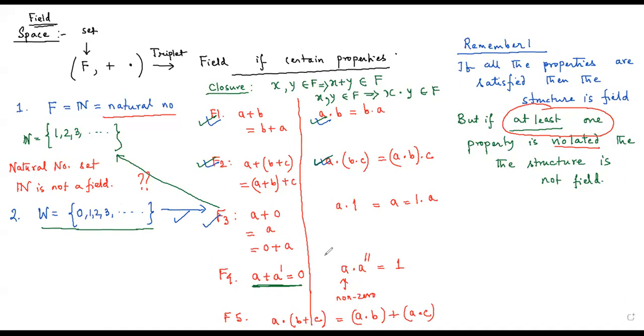And also, if you want to check this one, consider any non-zero element, starting from 1 to 3, etc. You will find that you will not be able to find its reciprocal in the set of non-negative whole numbers. Rather, you don't have to check it, because the first case, A plus A prime equal to 0, is not getting satisfied.